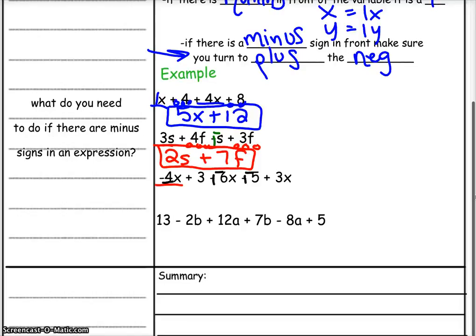Negative 4x plus a negative 6x is negative 10x, plus 3x, negative 10x plus 3x is negative 7x. Constants, 3 plus a negative 5 is a negative 2. Rewrite it with one sign in the middle.